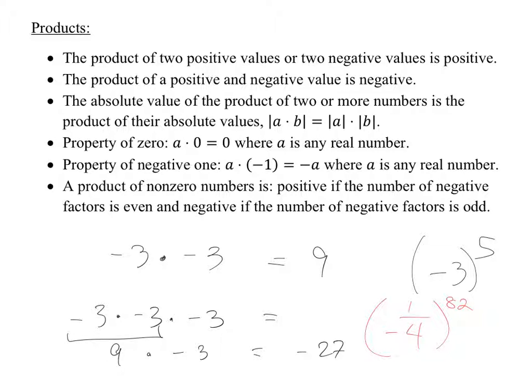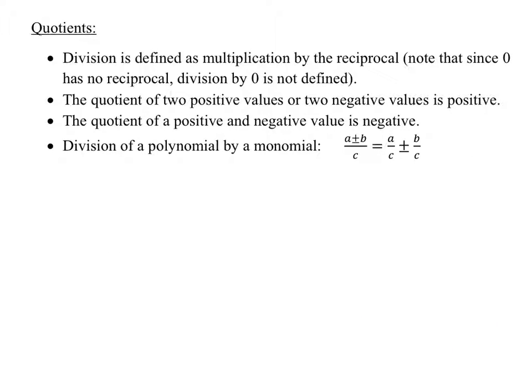But this would be, to me, an easy question because all you have to look at is what? The exponent. Even exponent means that this is going to be multiplied an even amount of times. When you multiply something an even amount of times, you get a positive answer. So this will be a positive answer. This will give you a negative answer. Questions? No? Okay. All right, quotients.